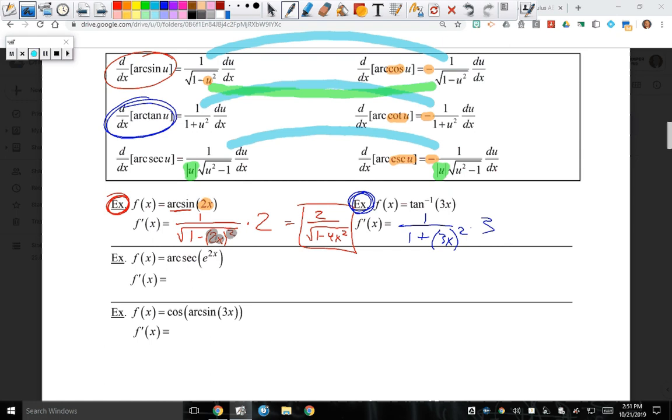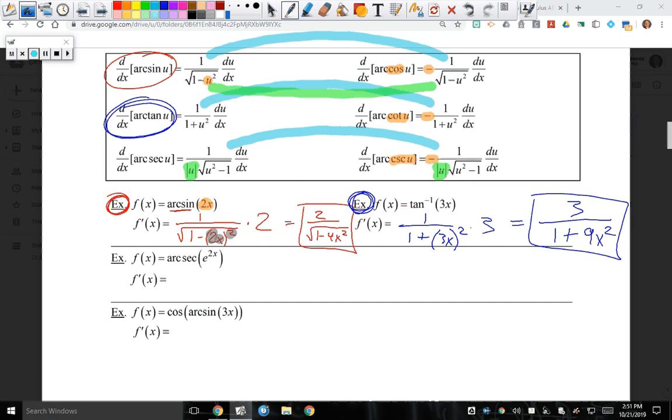So it would simplify to what? 1 over 1 plus 9x squared. Times 3, yep. So it would simplify to 3 over 1 plus 9x squared with no parentheses. Questions? It is a lot of memorization. It's just more rules of differentiation.